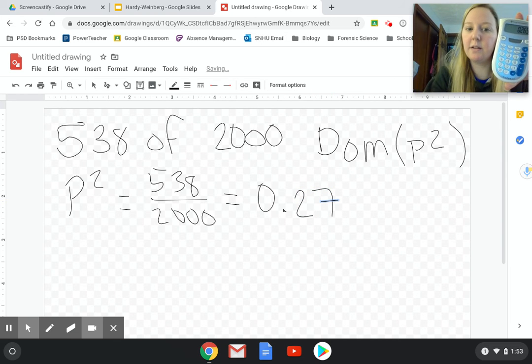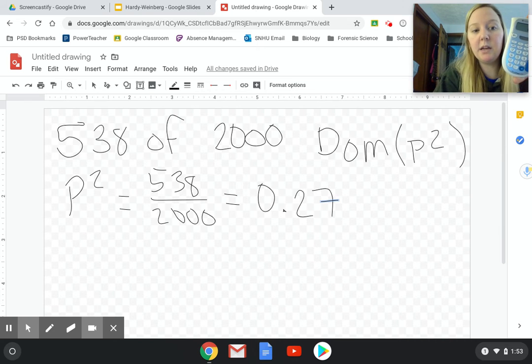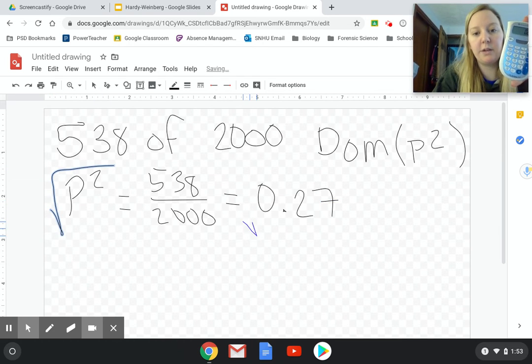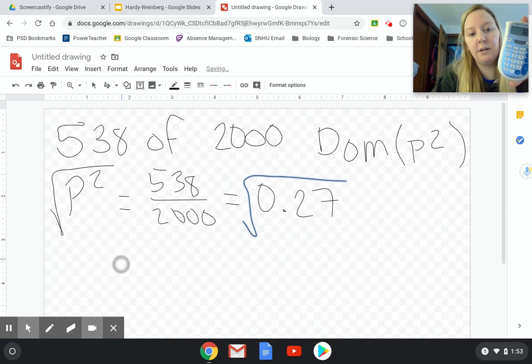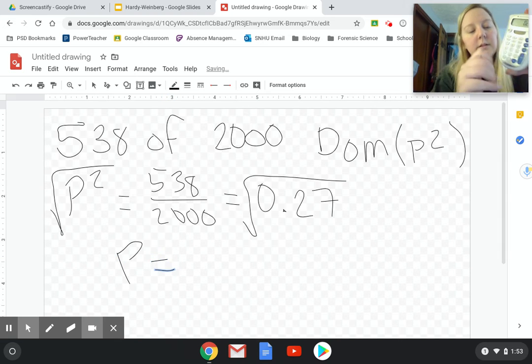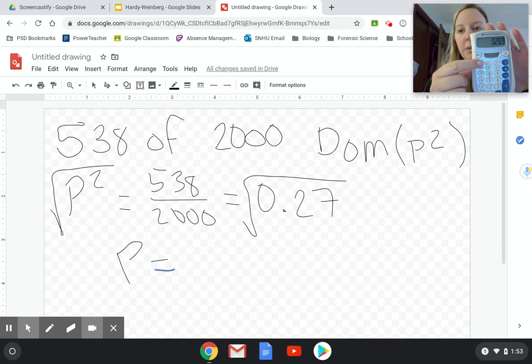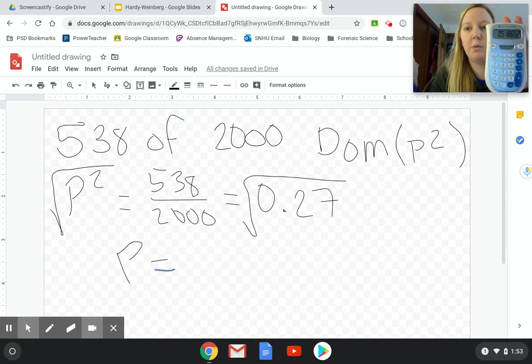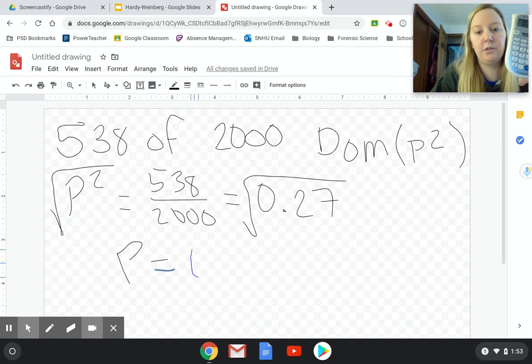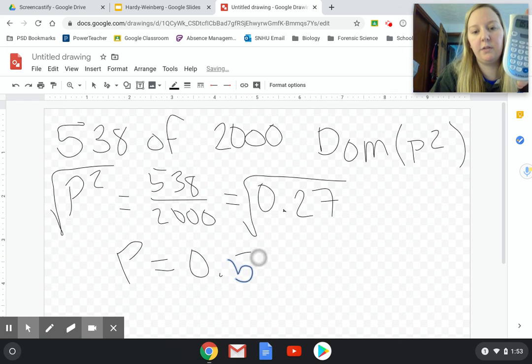That's p squared. To find p, you're going to take the square root of p squared. p equals, hit the square root button, 0.52.